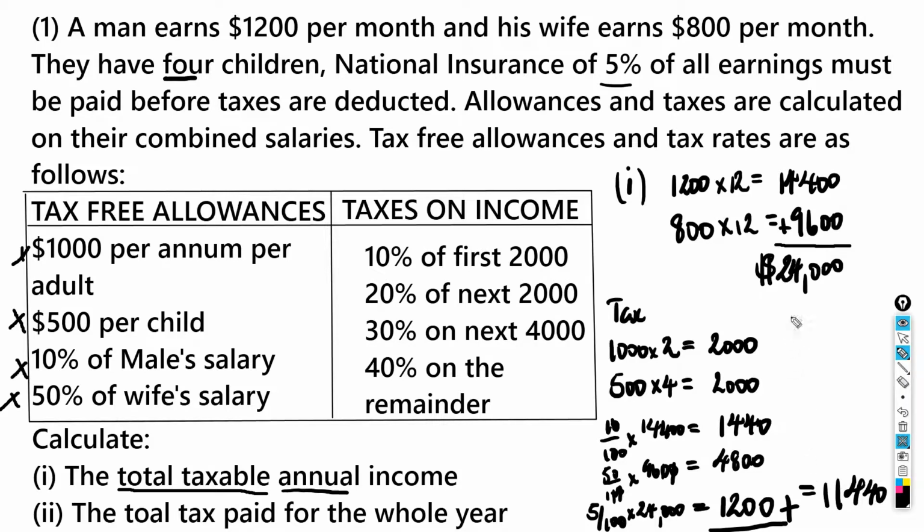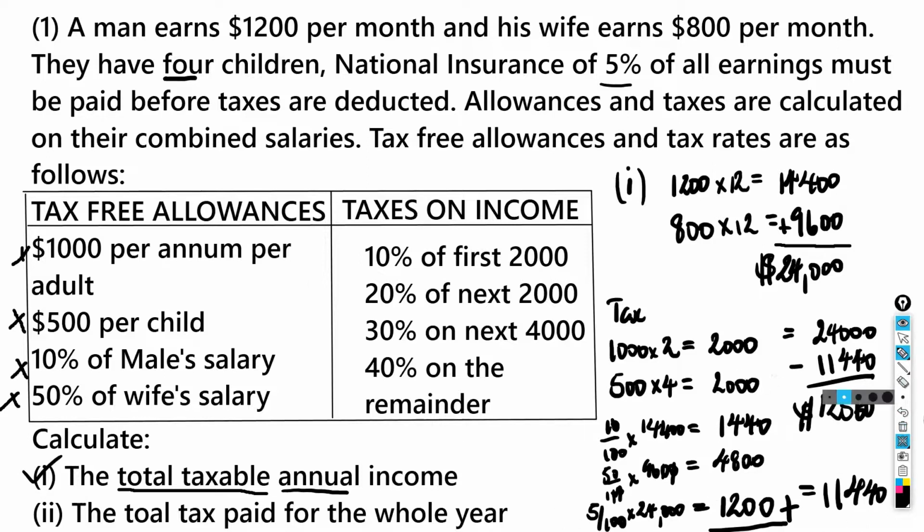So we take this 24,000, which is the money before the tax-free allowances, and subtract the 11,440, and we should actually get 12,560. So this 12,560 is the total taxable annual income. This is the amount you're going to tax after you take all the tax-free allowances from the amount.